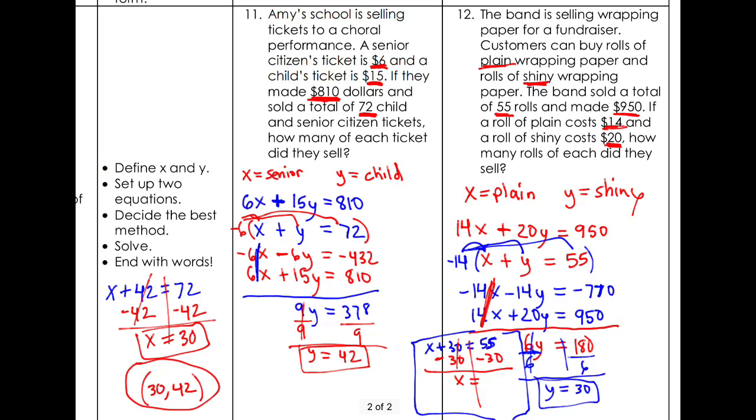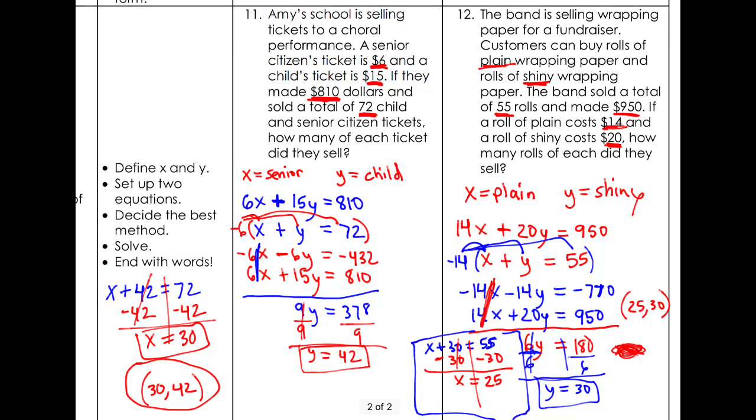I don't feel like using my head. That is 25. So our solution is x is equal to 25. I'm sorry, what am I doing? Gotta write it correctly, guys. So you have x is 25 and y is 30. So again, to put that in perspective, there was 25 plain rolls and 30 shiny rolls.